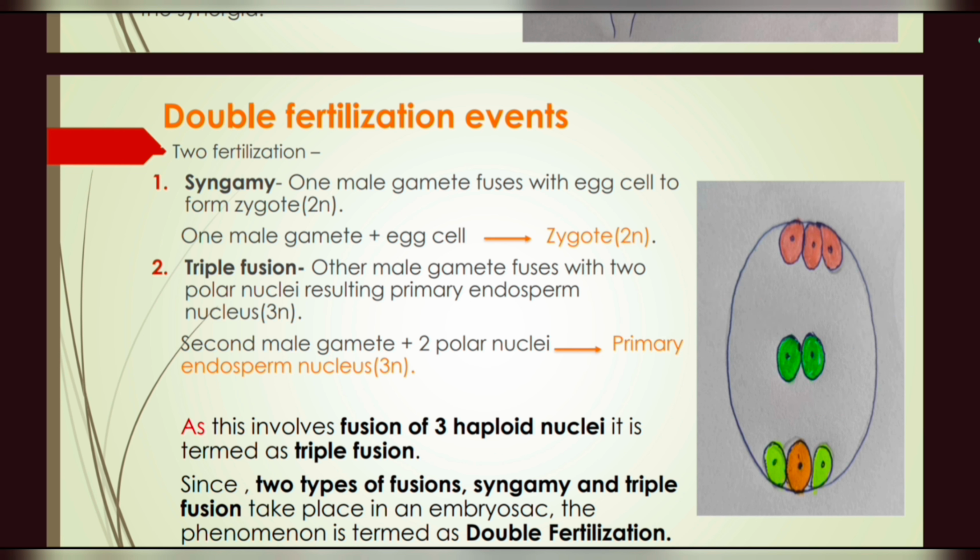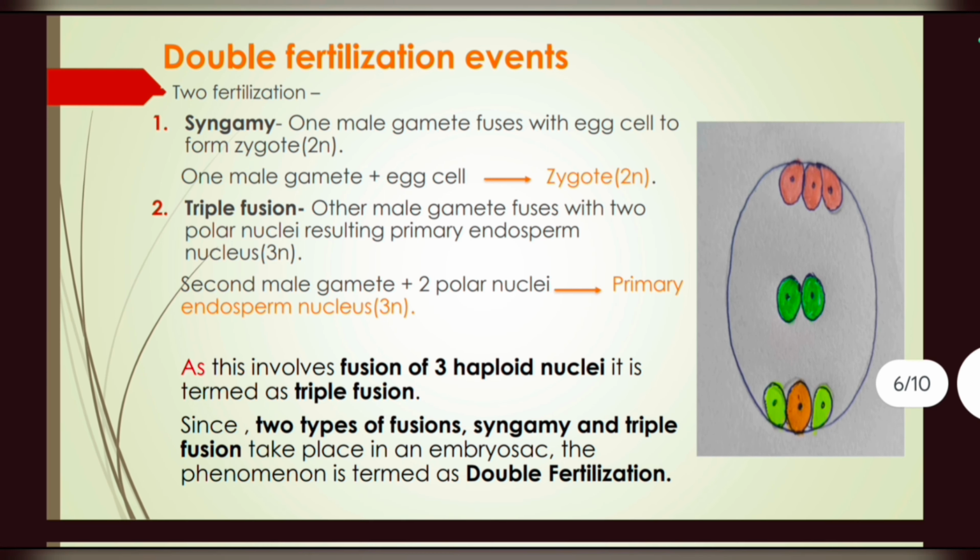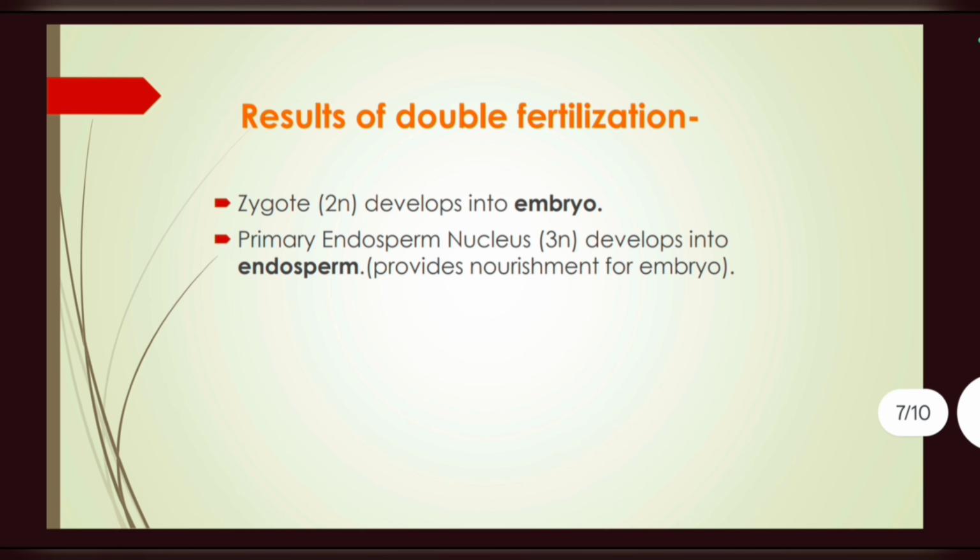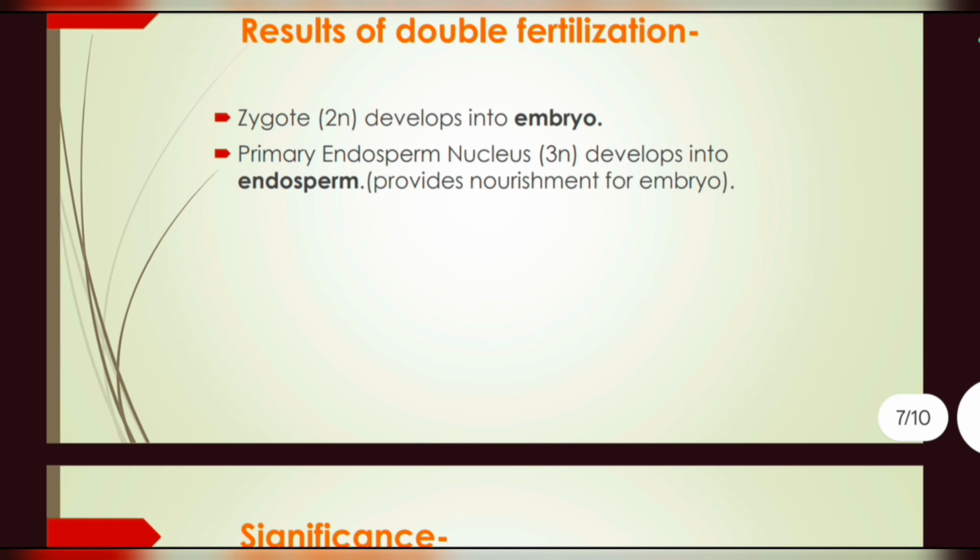Since 2 types of fusion, syngamy and triple fusion, take place in the same embryo sac, the phenomenon is termed double fertilization. It is found only in flowering plants. After fertilization, the zygote develops into the embryo and the primary endosperm nucleus develops into endosperm, which provides nourishment for the embryo.